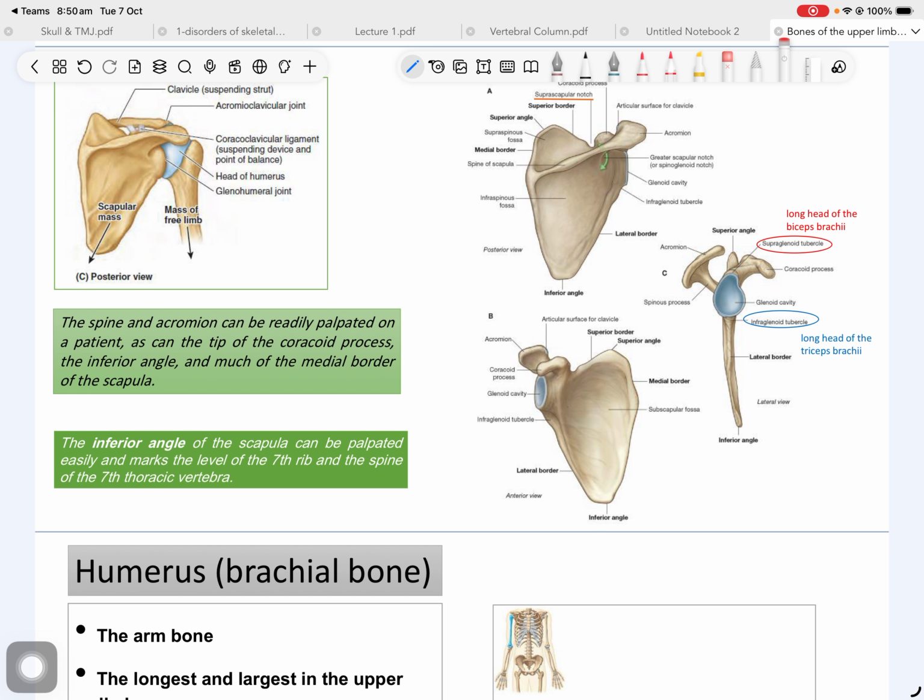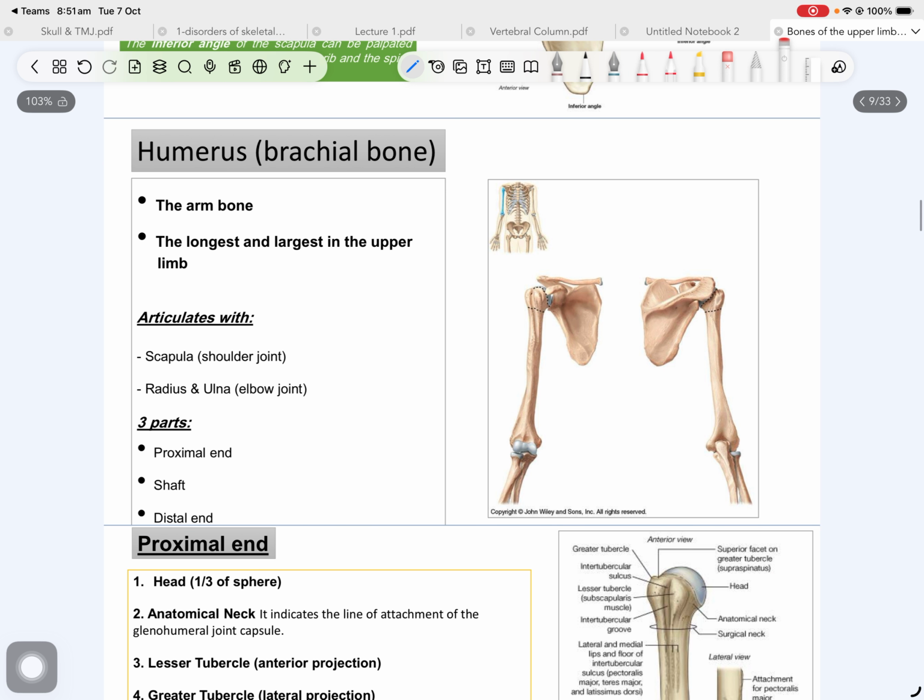Imagine here we have a ligament, so I have a notch. If a ligament comes on the top, the notch will become a foramen. Okay? So it is a site for vessels and nerves to pass at this area. Okay? I think this is all about the scapula. Any questions?